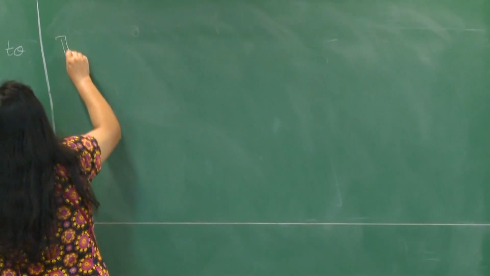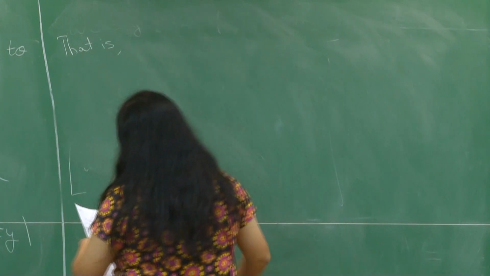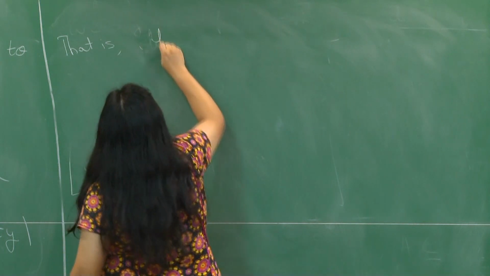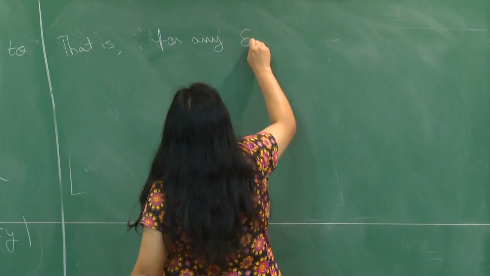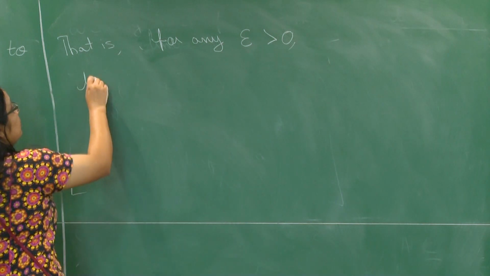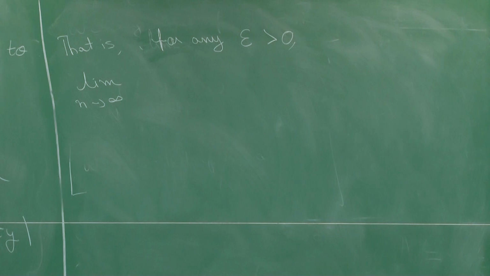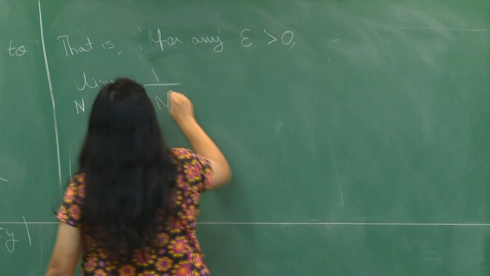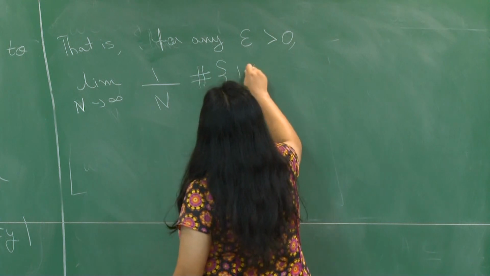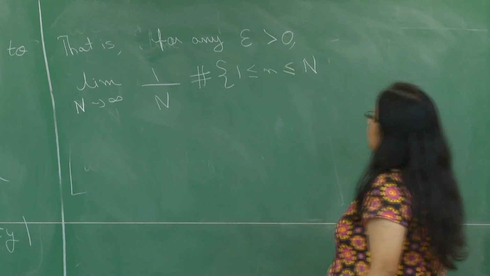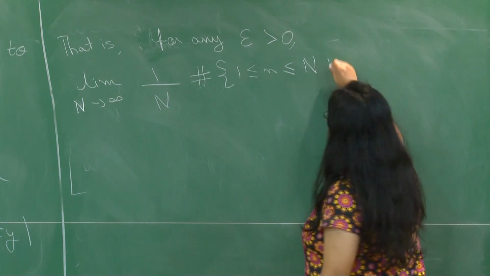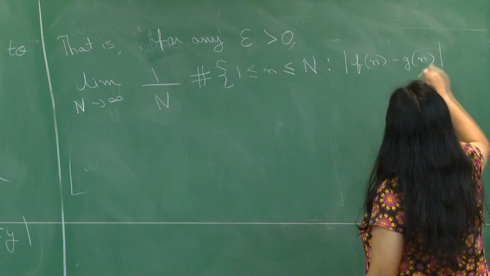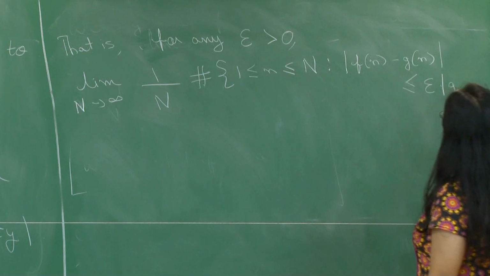For any epsilon, the limit as capital N goes to infinity of 1 over capital N times the number of n, 1 less than or equal to n less than or equal to capital N, such that absolute value of f of n minus g of n is less than or equal to epsilon times absolute value of g of n.